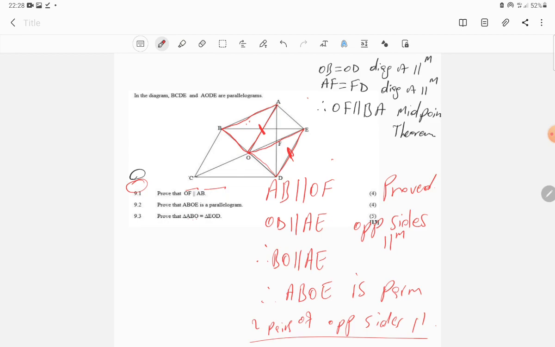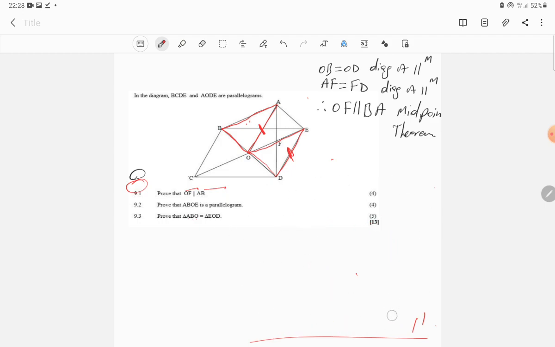This side is found in this triangle, and the other side is found in the other triangle. Let me write this one: AO is equal to DE. The reason is that these are the opposite sides of a parallelogram.